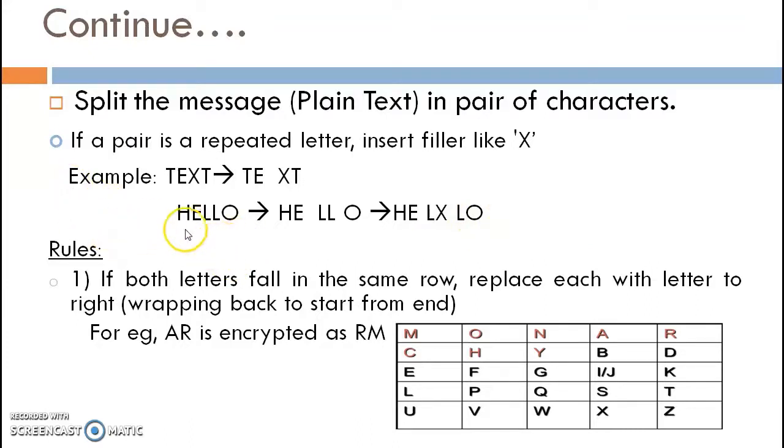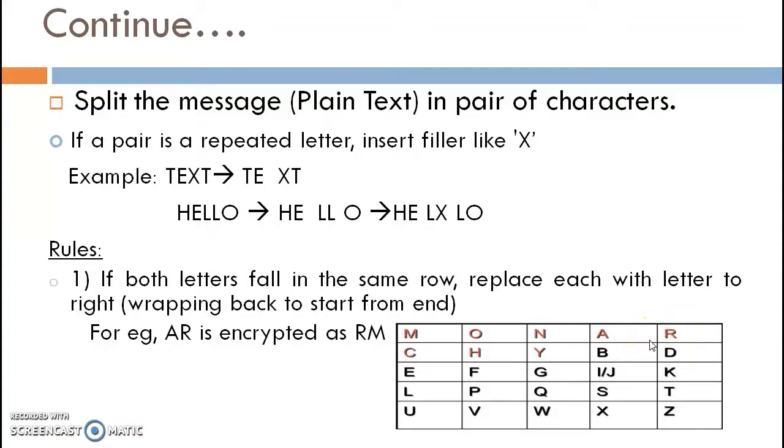Now, before converting the plain text to the ciphertext, we follow three rules. First rule: if both letters fall in the same row, then replace each letter with the letter to the right, wrapping back to the start from the end. For example, if the plain text letters are AR, as shown in the first row, then it is encrypted as RM.